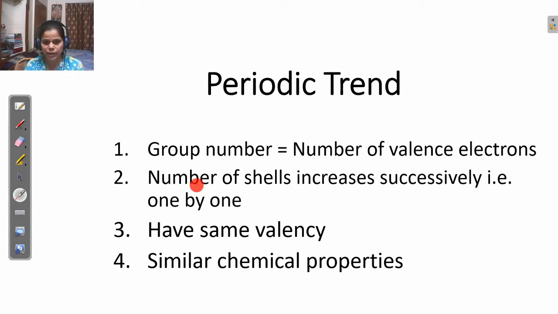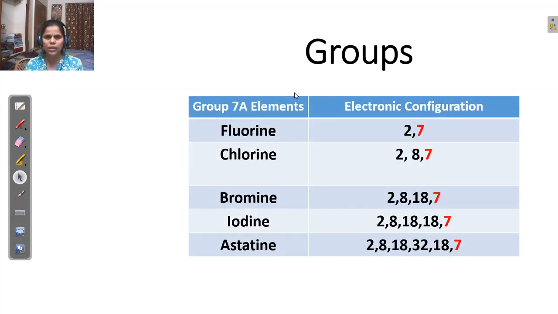The second trend: the number of shells increases successively one by one. In each group the number of shells increases 2, 3, 4, 5.